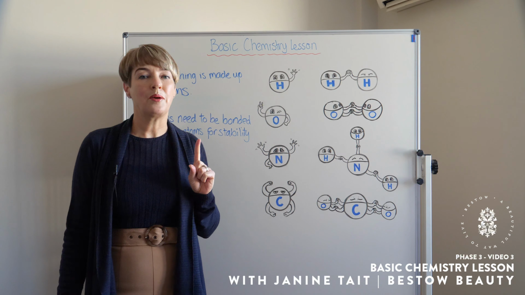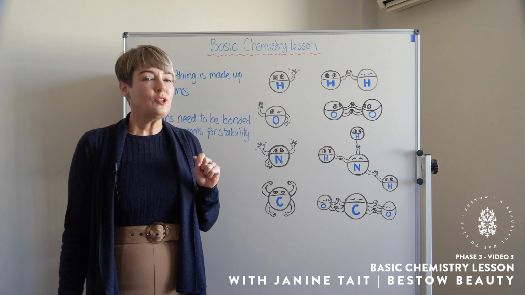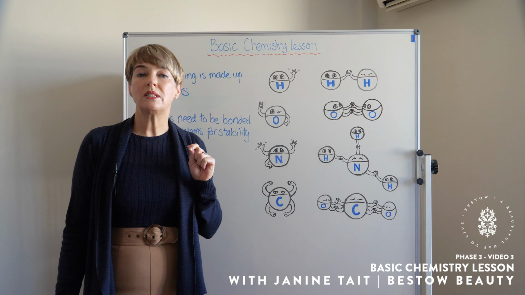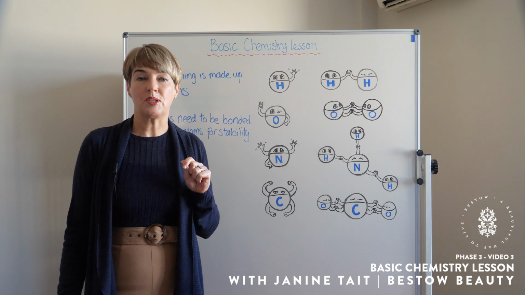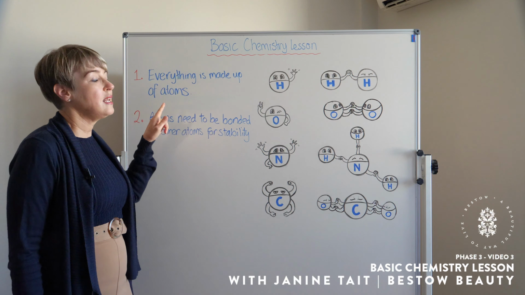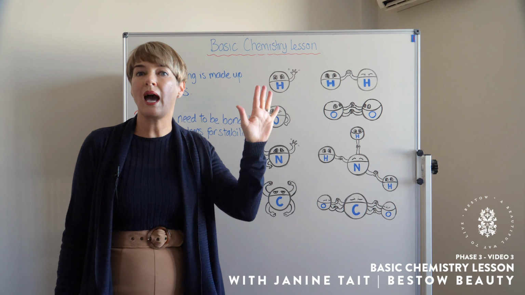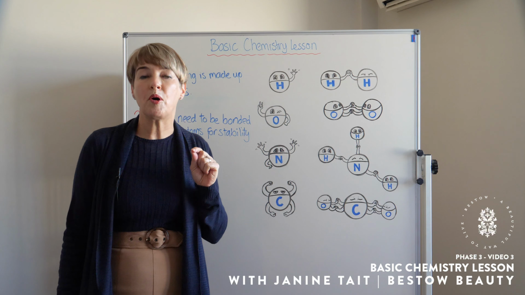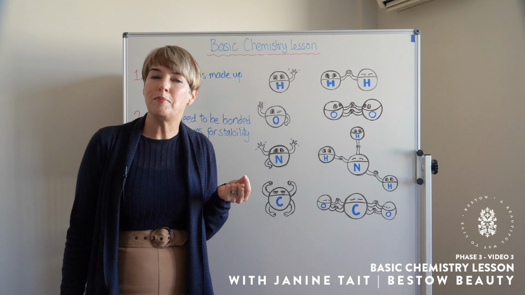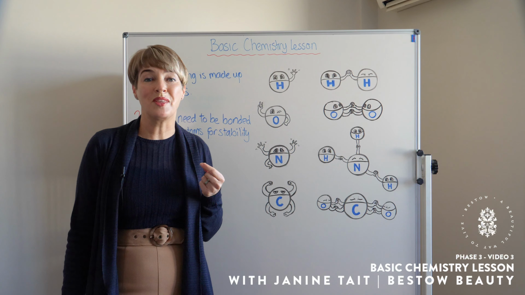So here we go. First of all, there are two important things to remember about chemistry. The first one is everything that we see, everything we touch, even things we can't see and touch, are made up of atoms. You can probably remember your science teacher telling you this.